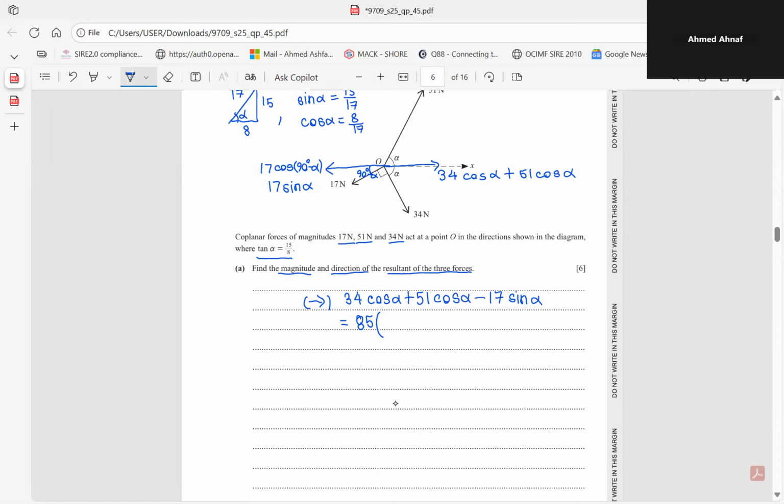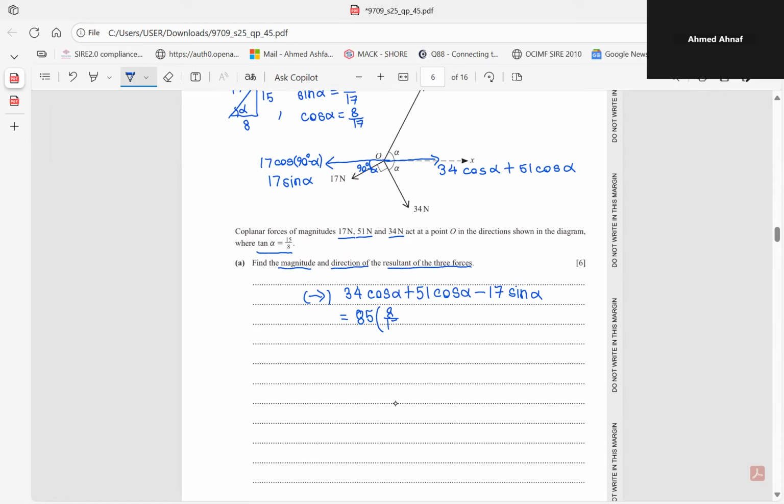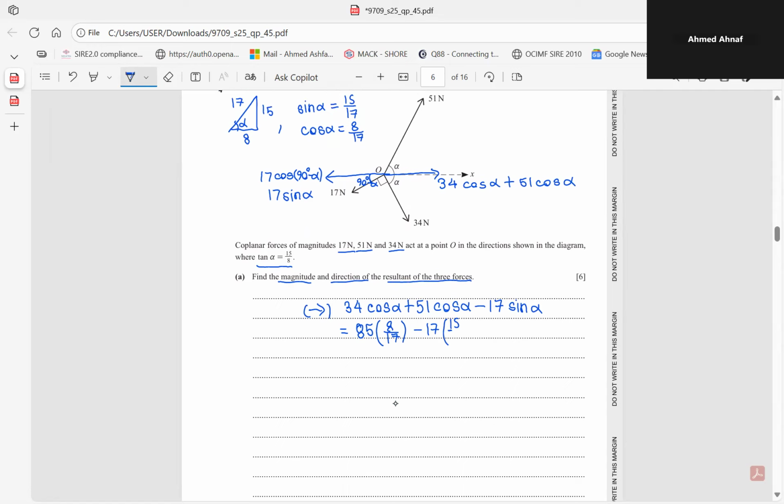Cosine alpha is 8/17, minus 17 sine alpha, that is 15/17. So putting all this together, you would get 40 minus 15, 25 newtons horizontally.